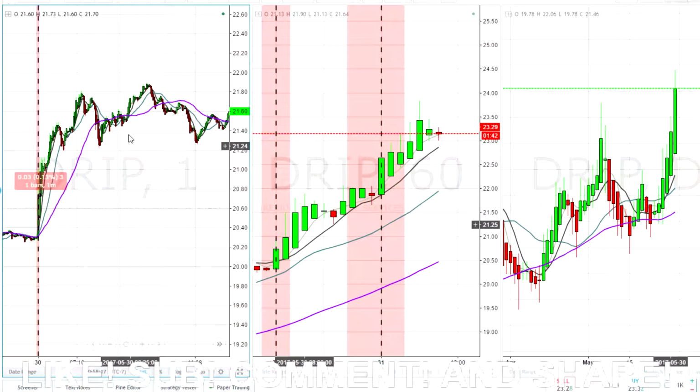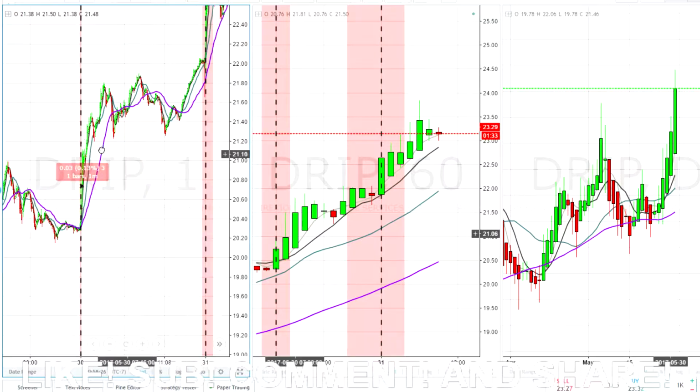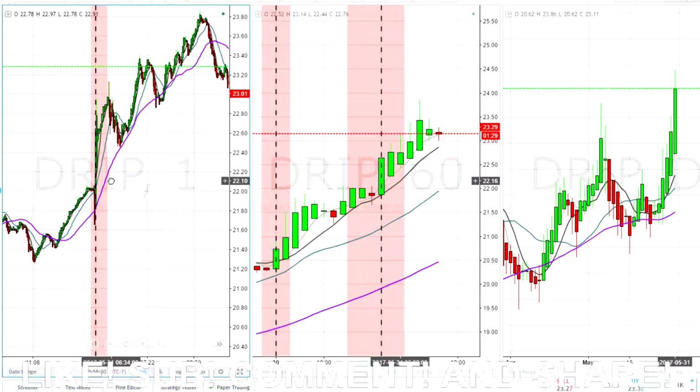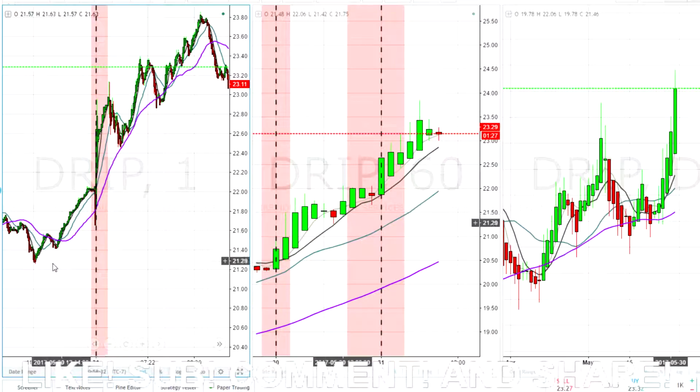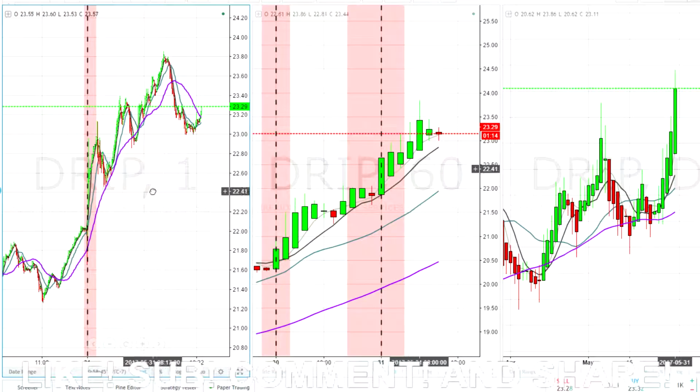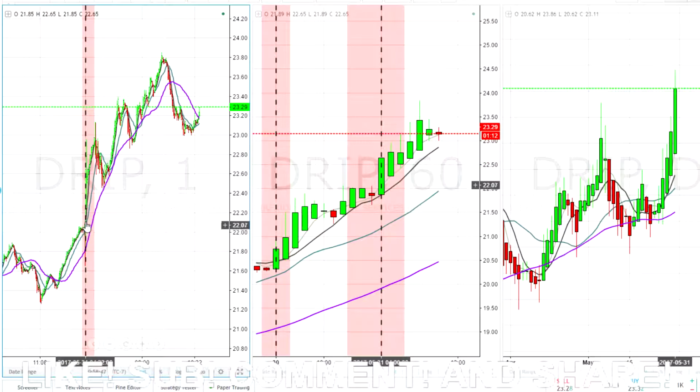And then we have our breakout, and then breakdown. So she finally broke down right here, and then you get something like this. Obviously this post and pre-market is the challenging part. The market is up, and anything could happen as far as pre-market.